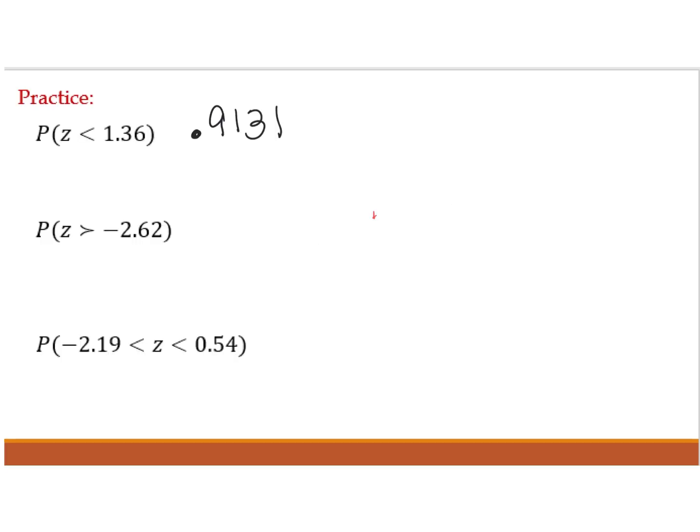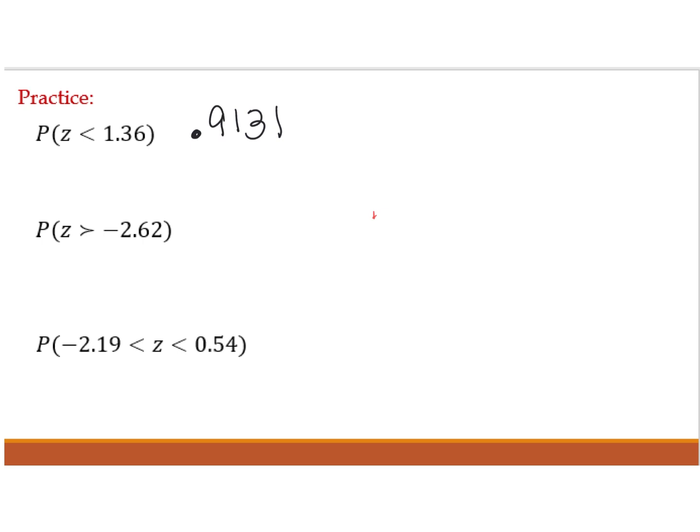Right, to find the probability of the amount of data that is less than 1.36, all I'm going to do is go to that z-score table. And when I read from my z-score table 1.36, I find that I have a decimal of 0.9131. So the probability of getting a number that is less than the z-score 1.36 would be decimal 9131.